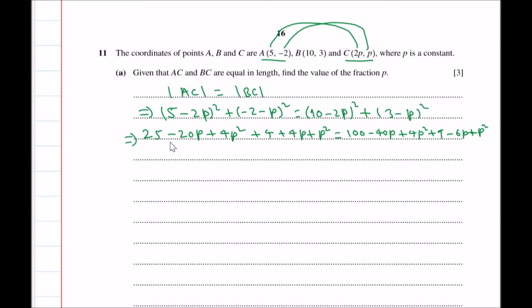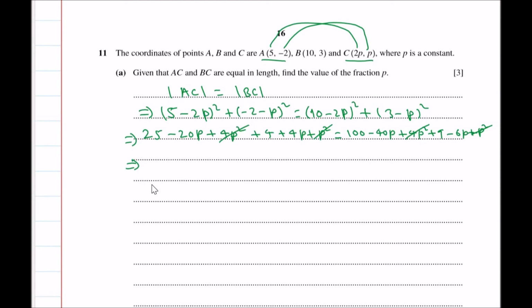Now let us simplify. 4p square positive here, 4p square positive, cancelled out. Okay. Next we have p square both sides. So p square also cancelled out. So what are we left with?